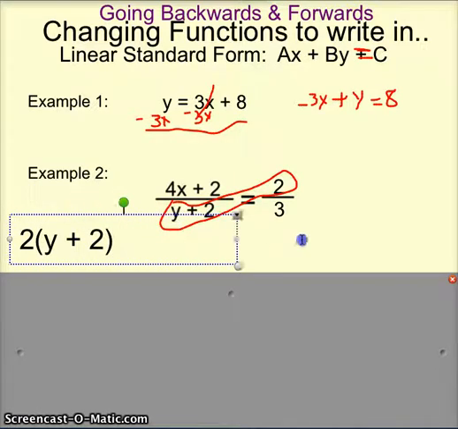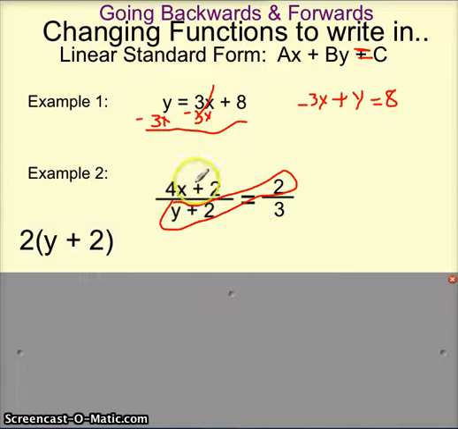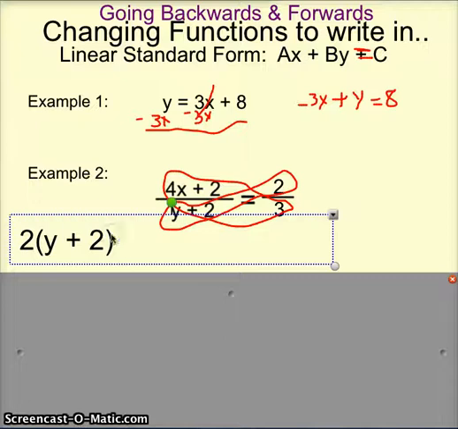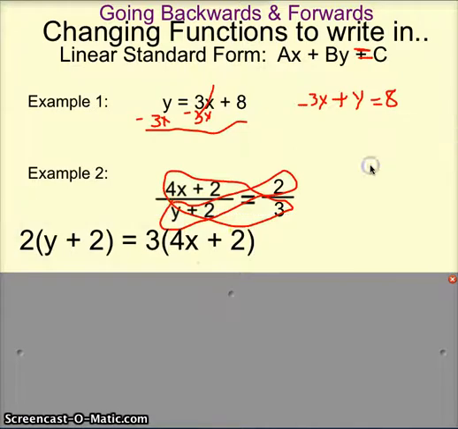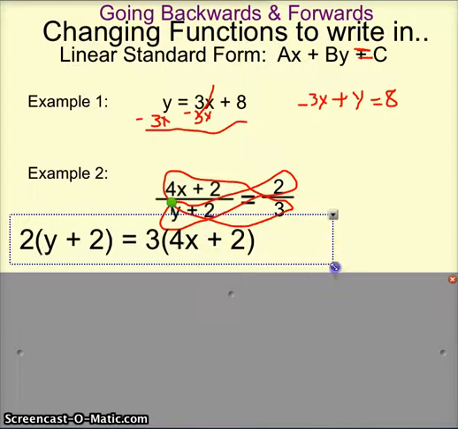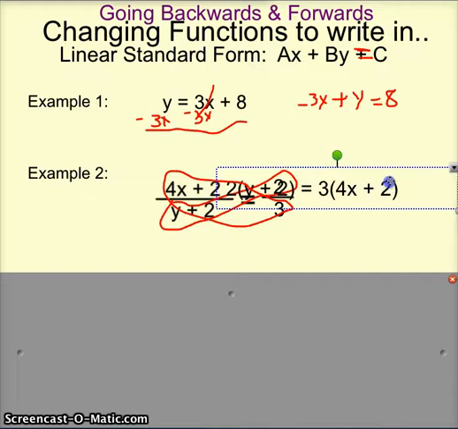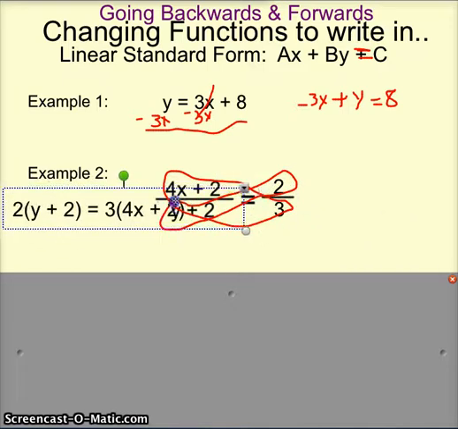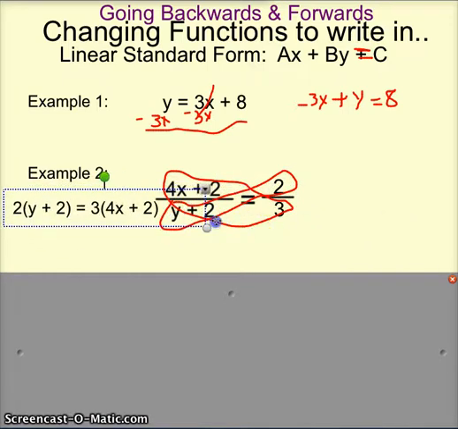And on the other side, if I do the same thing, I have 3 times 4x plus 2. Okay, now we can use the distributive property to begin to simplify.